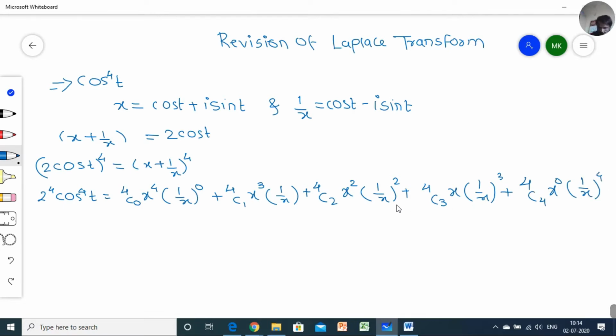This kind of numerical we have to simplify using binomial expansion.